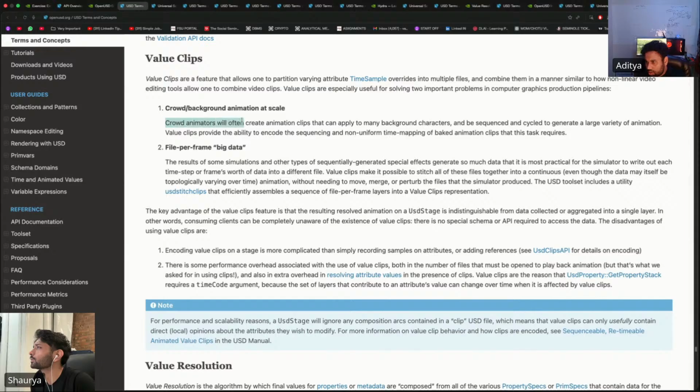Crowd animators will often create animation clips that can apply to many background characters, and can be sequenced and cycled to generate a large variety of animations. Value clips provide the ability to encode the sequencing and non-uniform time mapping of baked animation clips.